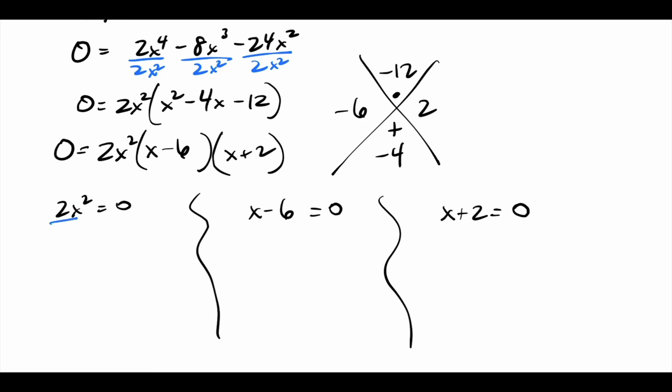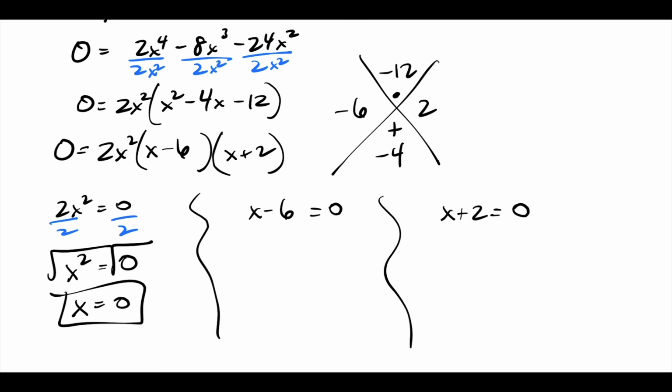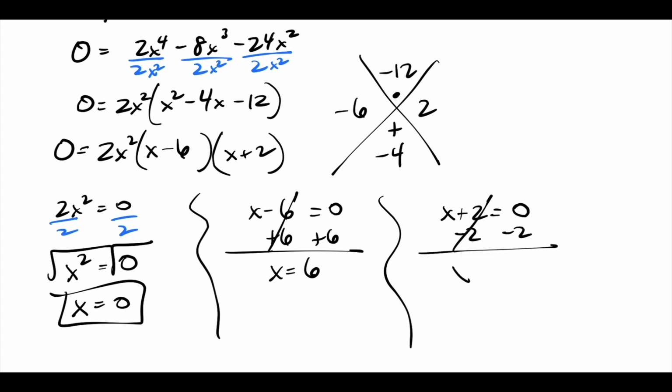So here, you're going to divide by 2, take the square root of both sides, and you get 0. Over here, you're just going to add 6 to both sides. Over here, you're going to subtract 2 from both sides. So you get 3 answers: 0, 6, and -2.